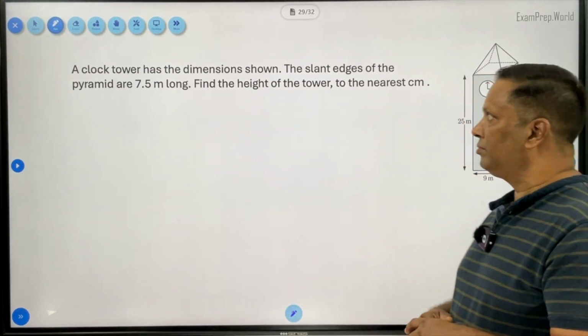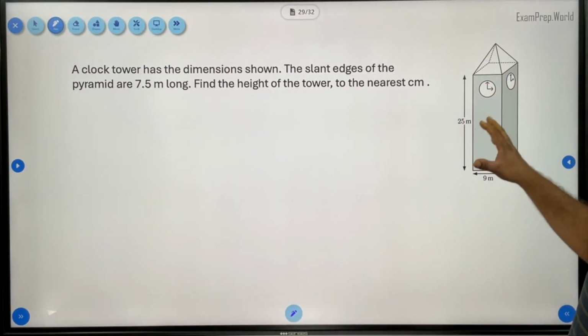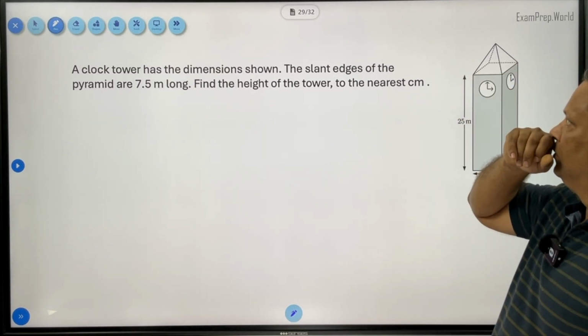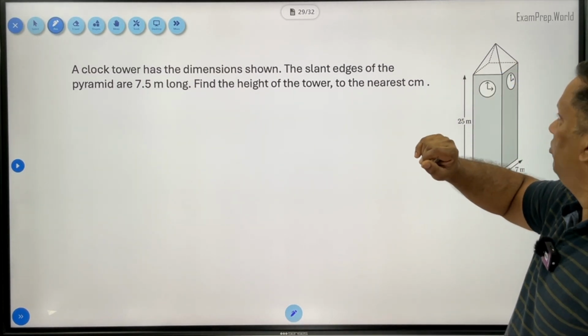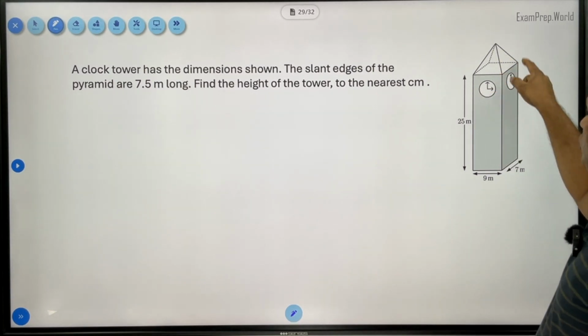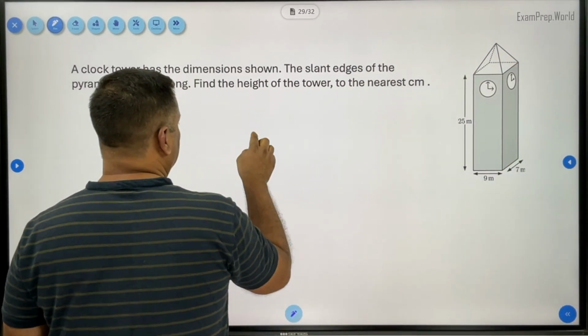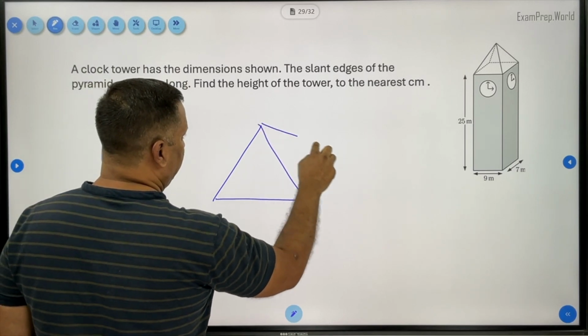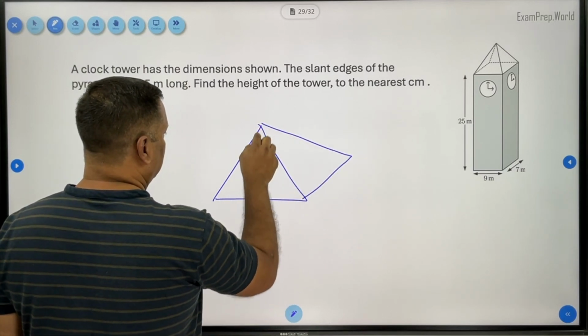Let's do it. A clock tower is there, and there's a pyramid on this. The edges of the pyramid are 7.5 meter. That means all the edges of this pyramid are 7.5 meters. All the edges. So that means it is something like an equilateral triangle kind of thing.